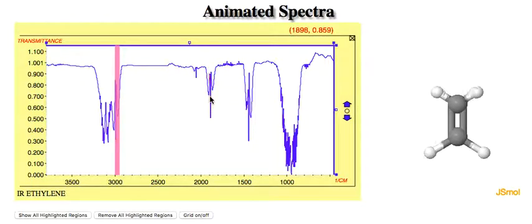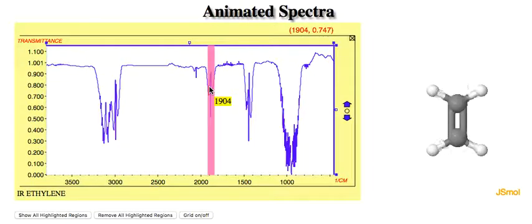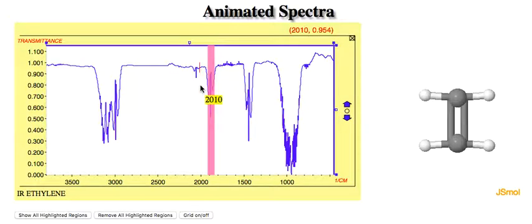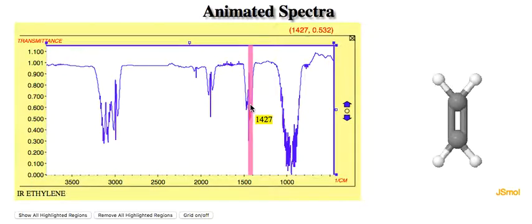Over here, we've got some other peaks of interest. In here, we have that CC stretch. So it's in the 2,000 to 1,500 range where we've got a lot of this CC business going on. And when we get down over here, we've got less of the stretching, more of the bending modes.